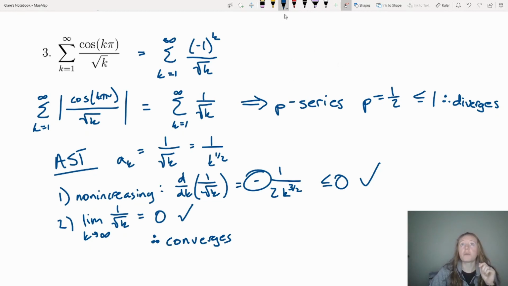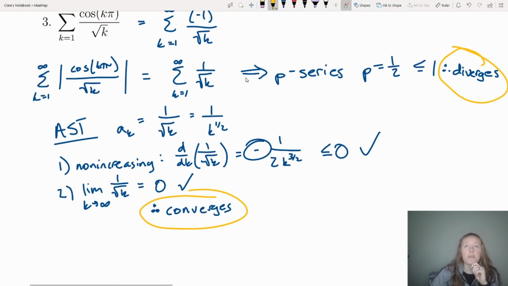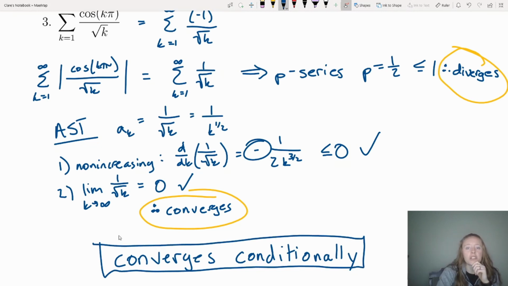So if we have that the absolute value of our series diverges and the alternating series converges, in number 3, we are going to have that our overall series converges conditionally.